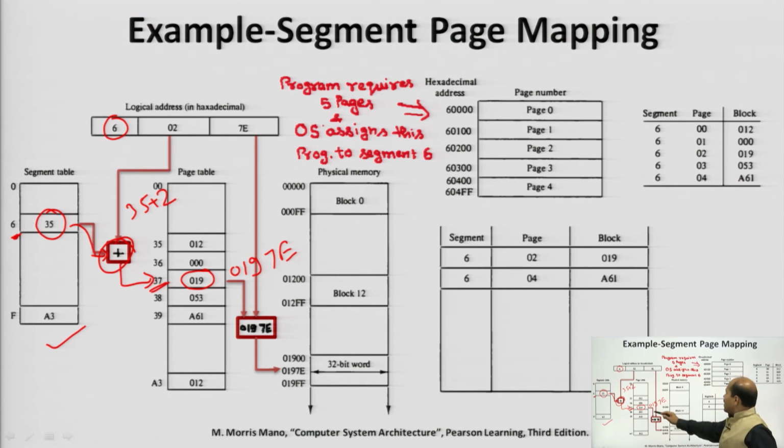This is the final address of the particular word in the physical memory. So you can see 0197E is the address of the particular referenced word. This word will be transferred to the processor if it is requested.